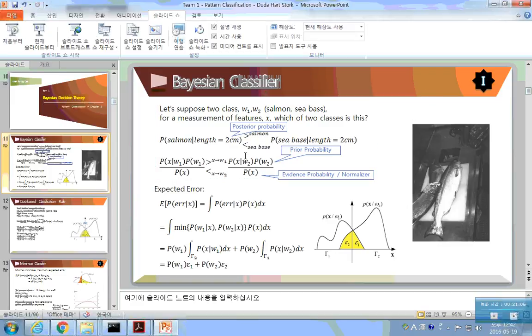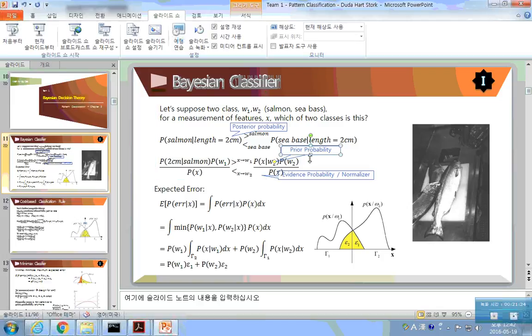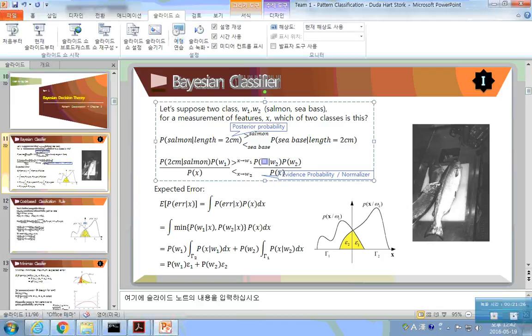Okay? I cannot measure this directly, but what I can do is use Bayesian theory to flip it. So this becomes the probability. This is the most important part. 2 centimeter length given salmon. And this is the 2 centimeter given sea bass.